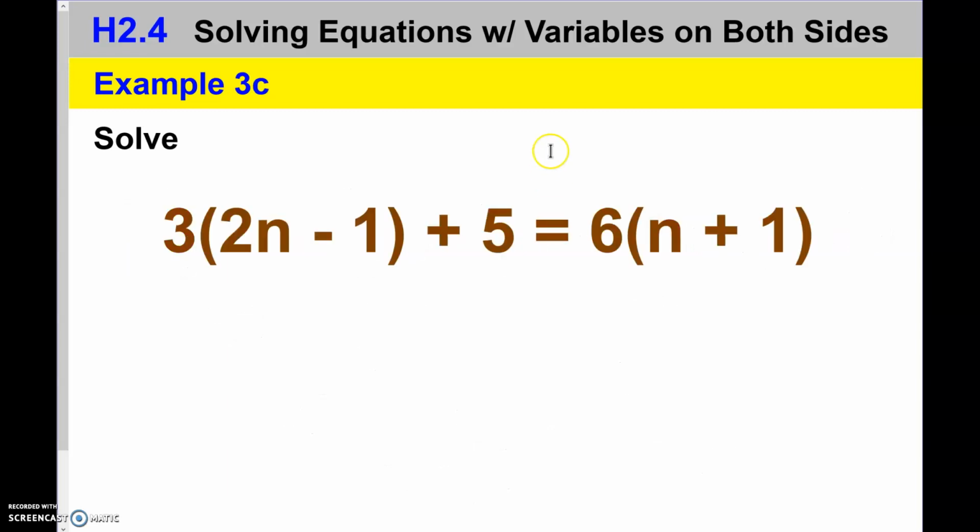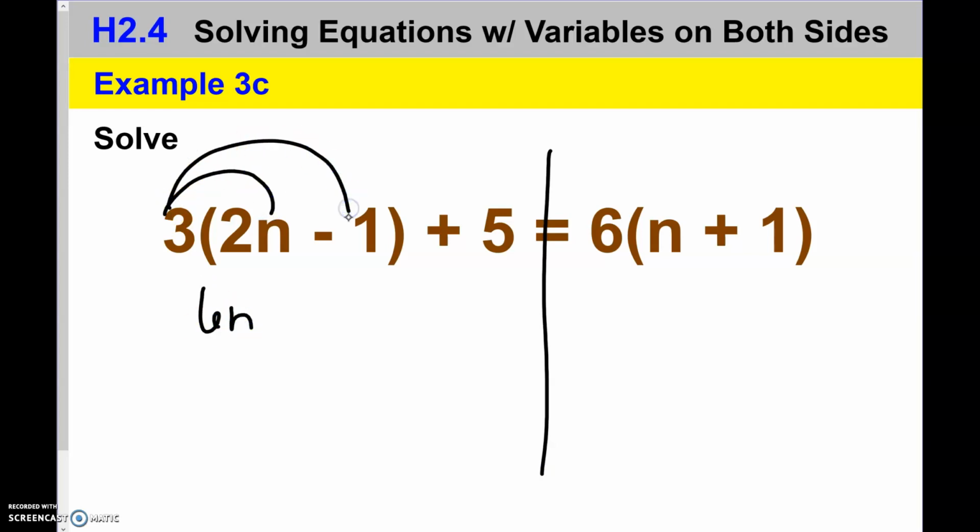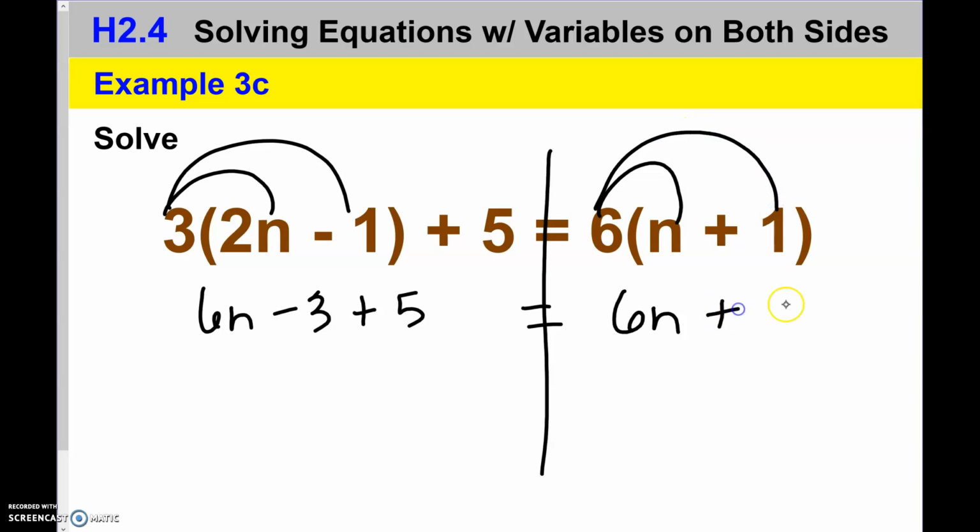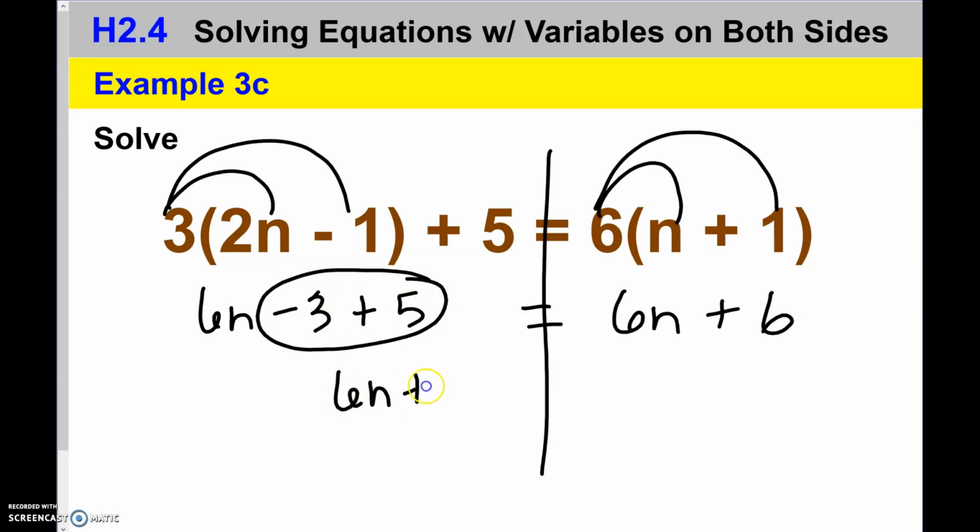All right, we got the distributive property here. 3 times 2n is 6n. 3 times negative 1 is negative 3. Then we have our plus 5. Distribute over here. 6 times n is 6n. 6 times 1 is plus 6. All right, over here it looks like I have some like terms. So I have 6n and negative 3 plus 5 is a plus 2. 6n plus 6.